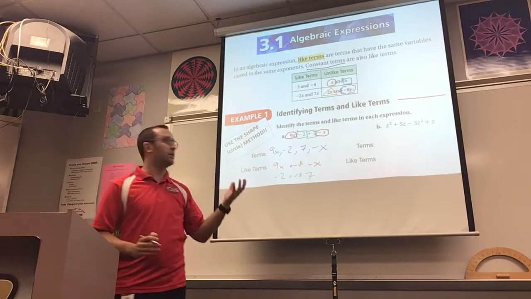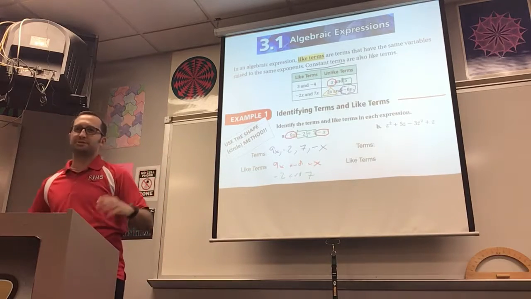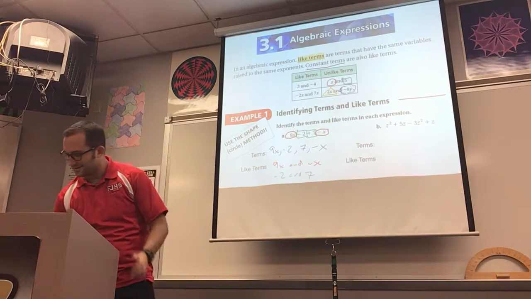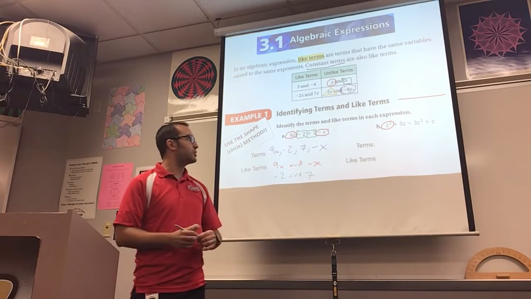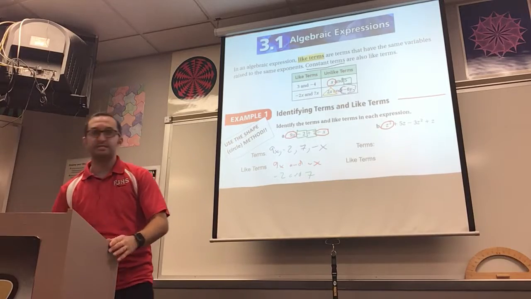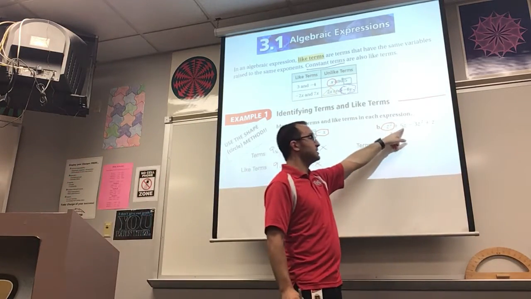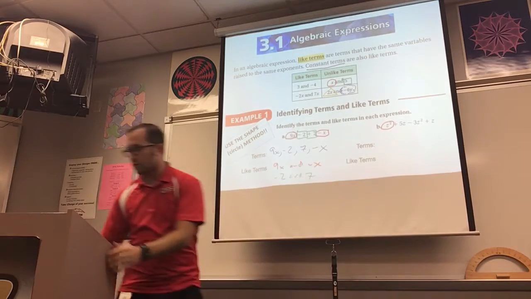Okay, let's do the next one too. Let's just pick a shape for the first one. I'm going to use circles. I use circles every time for the first shape. Now I need to find any other terms that have a z squared in it. And that's not 5z. Notice this is z squared. Does this have a z squared in it? No. Does this one have a z squared in it? Yep, so I'm going to circle that one.